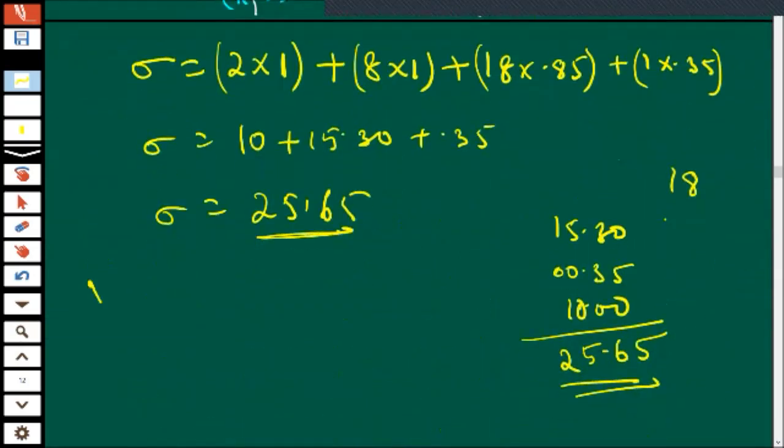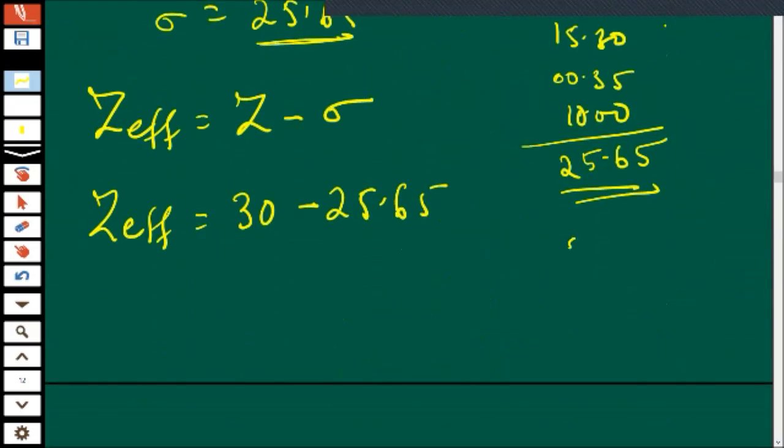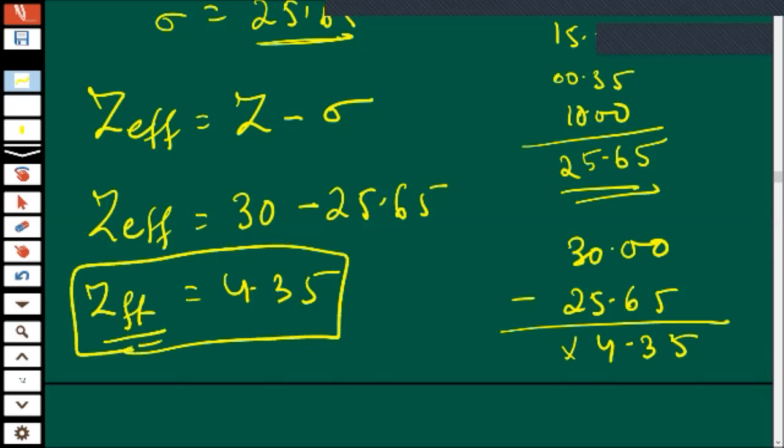Z effective equals Z minus sigma, which is 30 minus 25.65, that is 4.35.